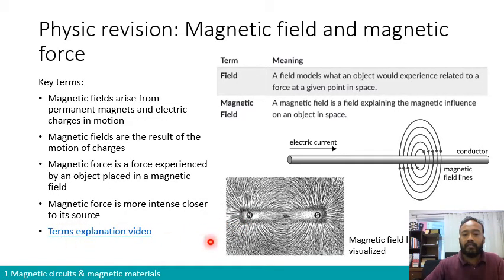There is a video explaining the difference between the terms magnetic field and magnetic force that I invite you to watch. You can find the link inside the slide that I put in the Google Classroom.